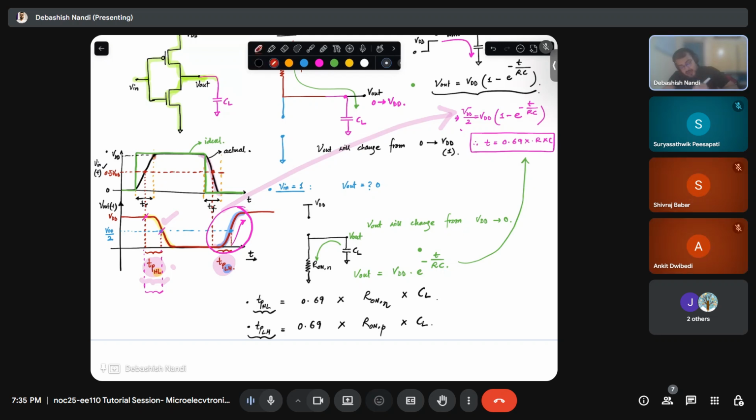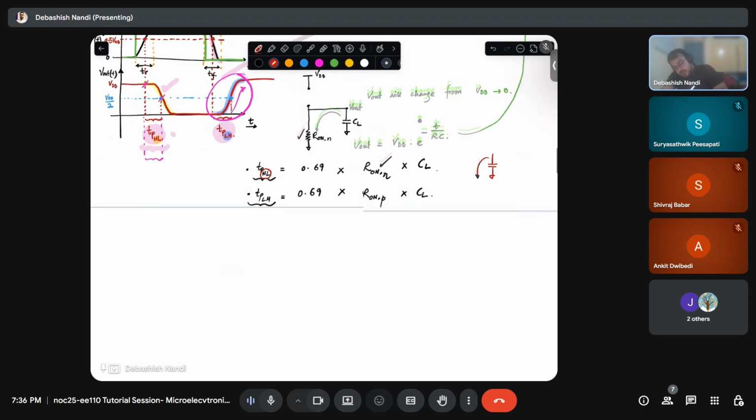So just by looking at the nomenclature, you can tell that high to low means my capacitor or output is discharging, and discharging has to happen through the NMOS path, right? That is why my NMOS has to be on, and that is why this will be R on of N. Fine.